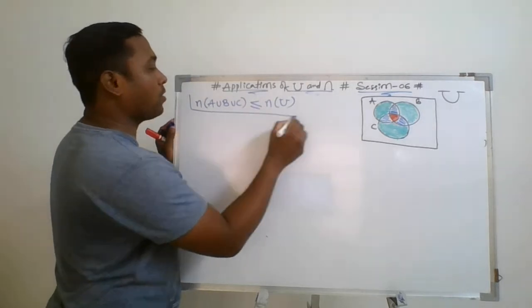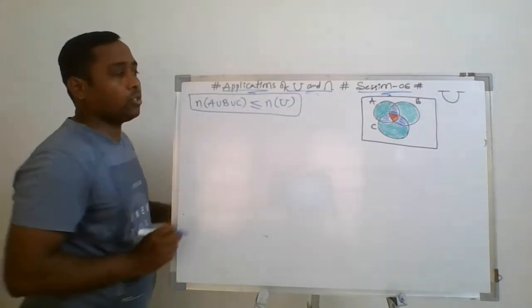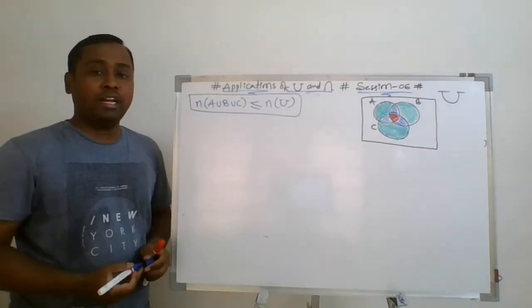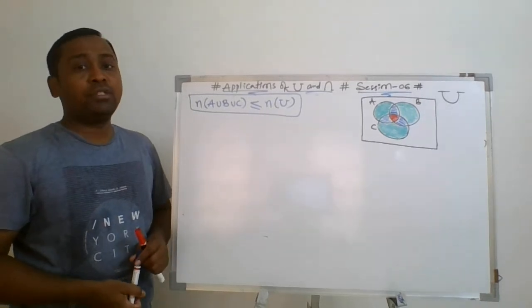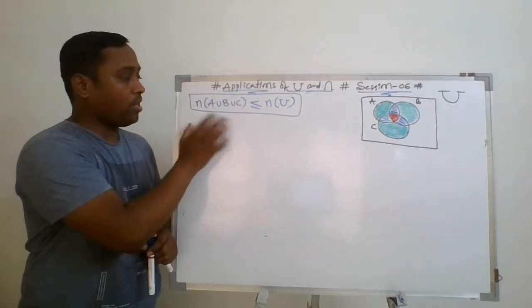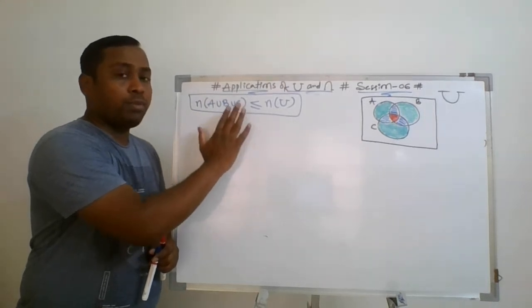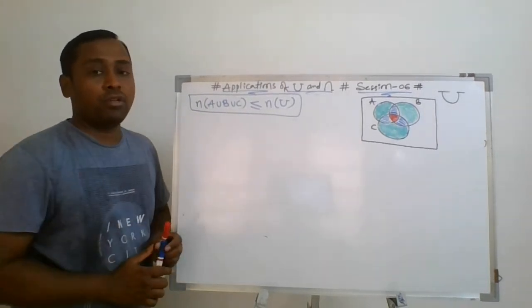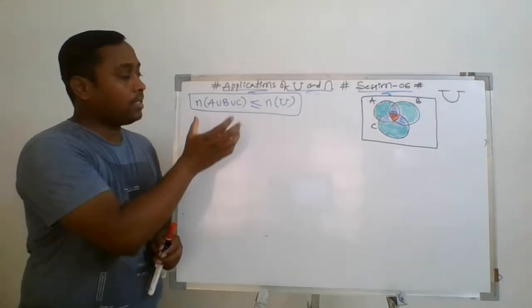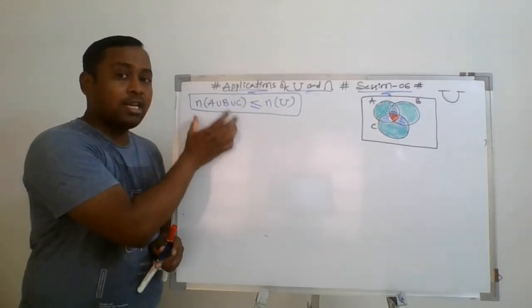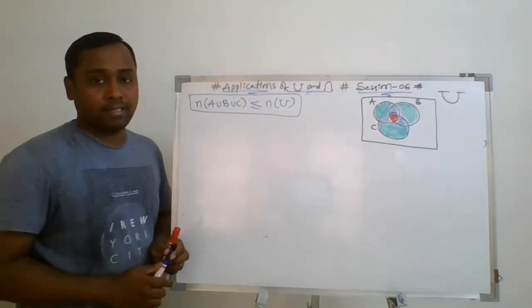This is the first and most important point you need to remember while dealing with application based questions. Number of A union B union C must be less than or equal to the number of the universal set, because A union B union C is a subset of the universal set.